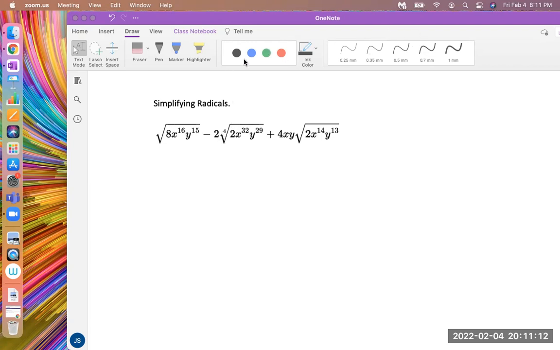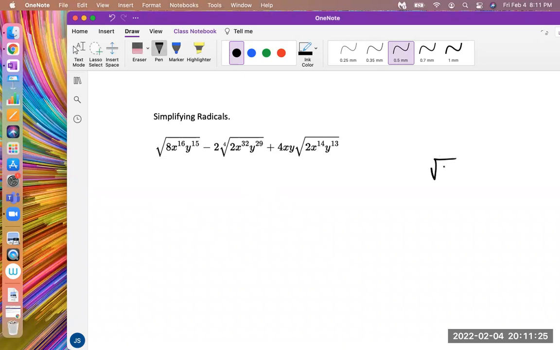Well, something important to know is that for every x squared, we're going to pull out one x from the square root. So every time that we have x squared underneath the square root, the square root of x squared is just x.